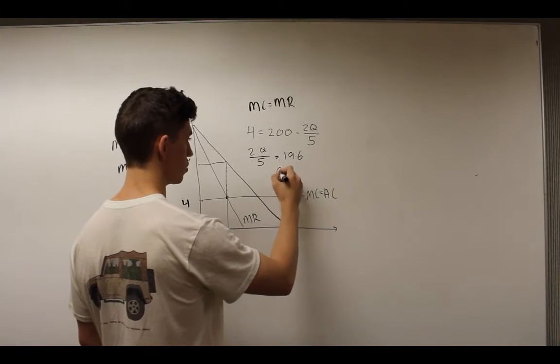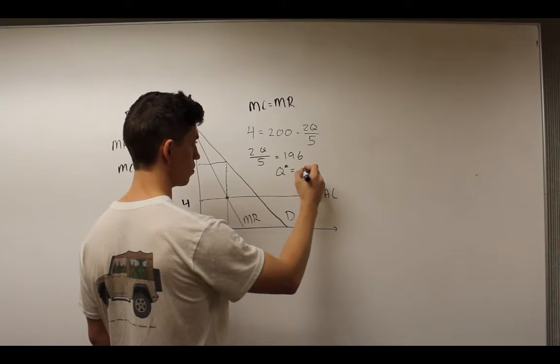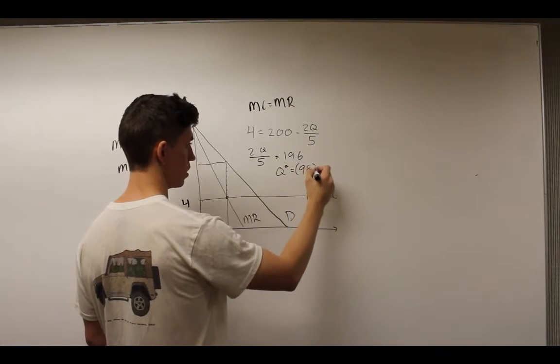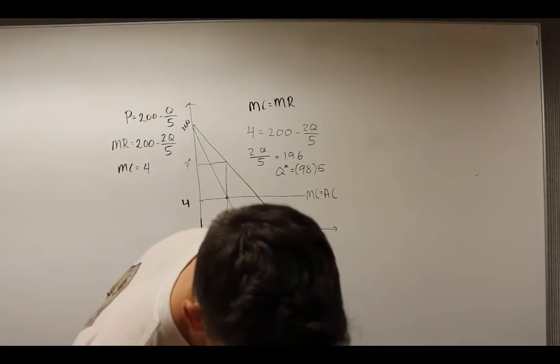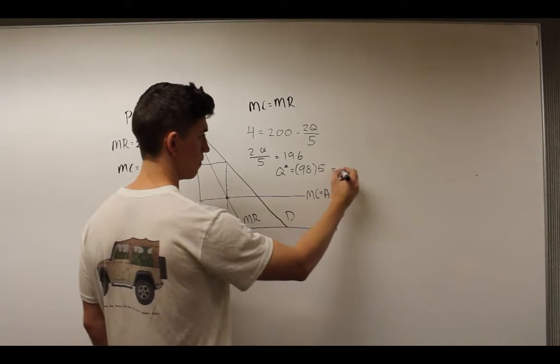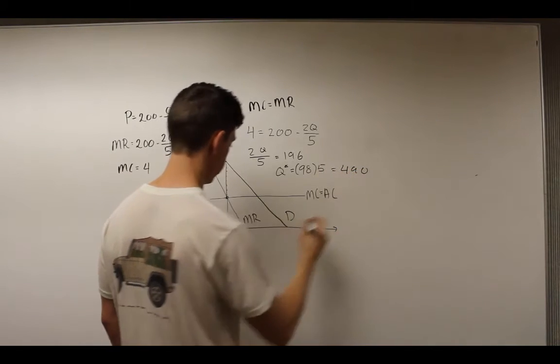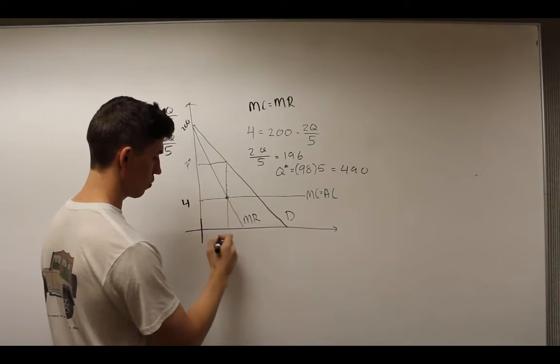And then we just need Q star is equal to 98 times 5, 490. So that gets us this optimal quantity here is 490.